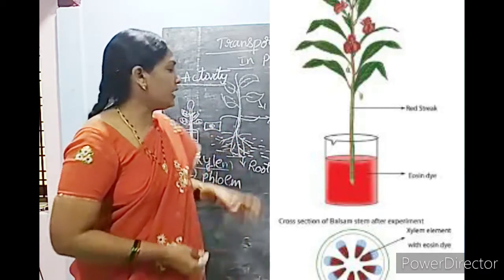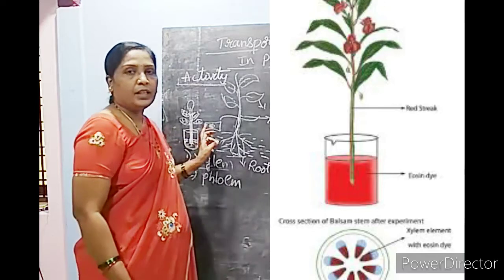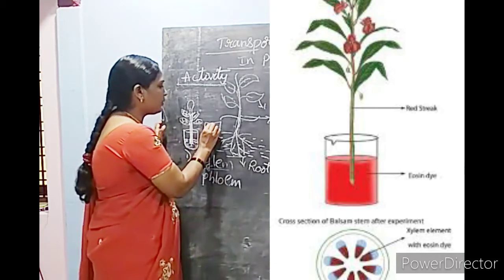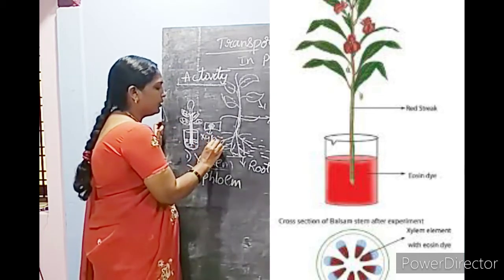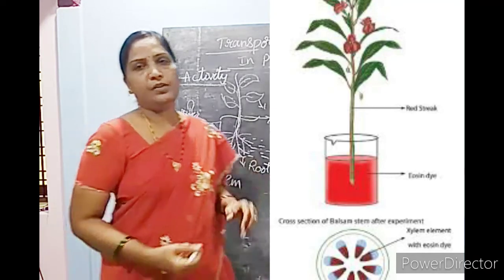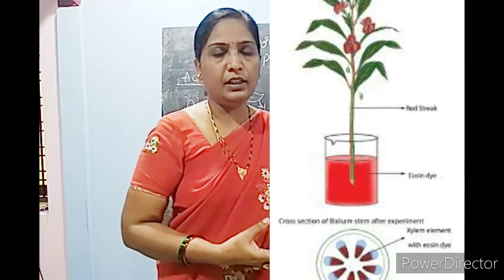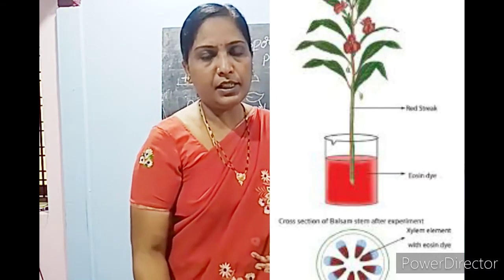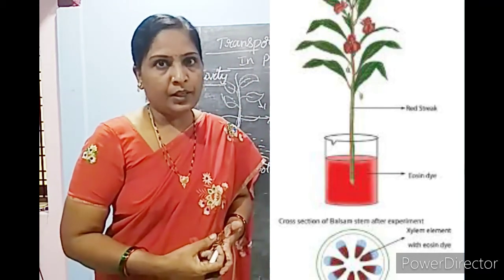Red-colored swollen parts can be seen in this stem. These red, raisin-like swollen parts are only the xylem tissue. So by this activity we can prove that xylem is conducting water and minerals from the soil to the leaves.